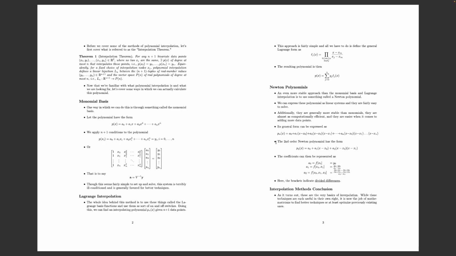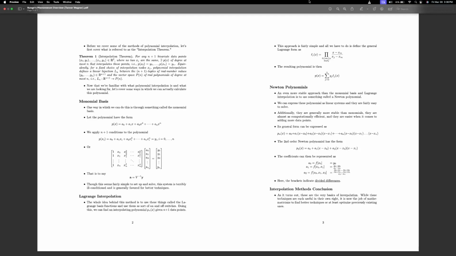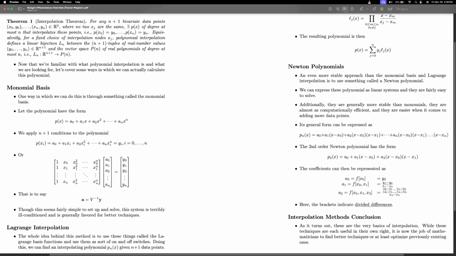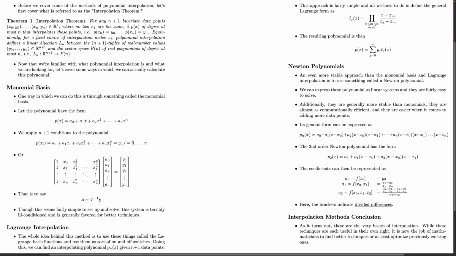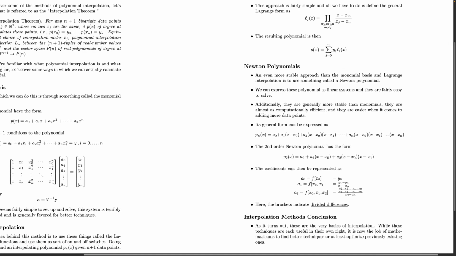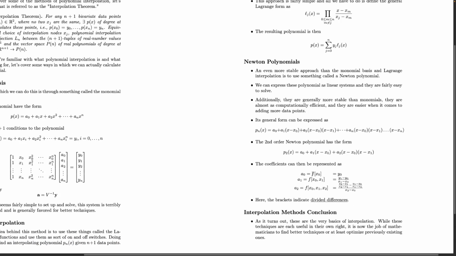And I list here what a second order Newton polynomial would look like. So p sub 2 of x is a naught plus a1 times x minus x naught, plus a2 times x minus x naught, x minus x1. And so we use divided differences because this way of expressing it can get very tedious as far as finding the coefficients go. So we generally denote this with a bracket notation.